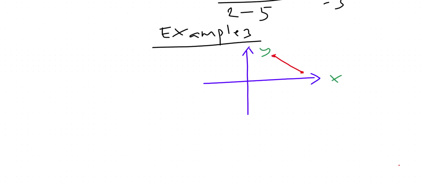For instance, maybe this is 2, and this is 4, and 6.